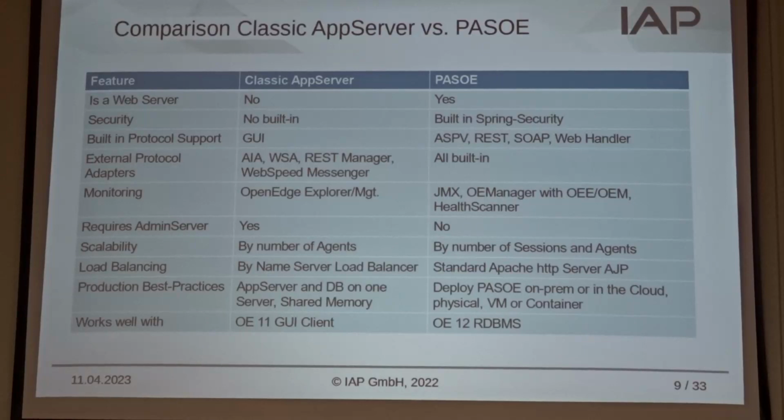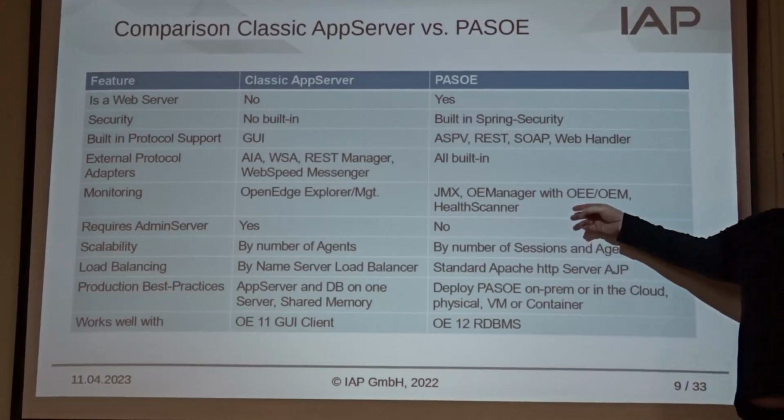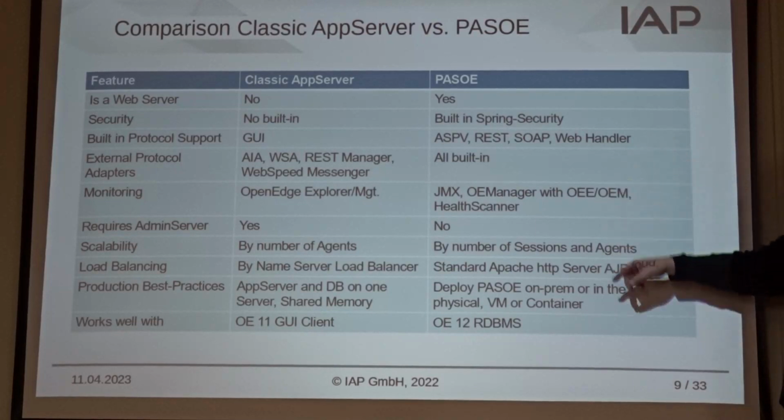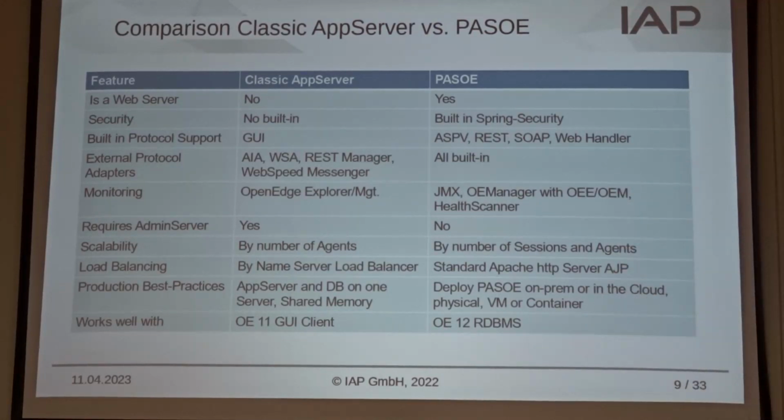And it is not needed by PASOE anymore. If you use the management console, then you need the admin server. But you can start PASOE also in a batch, or as its own service, and then you don't need the admin service anymore.